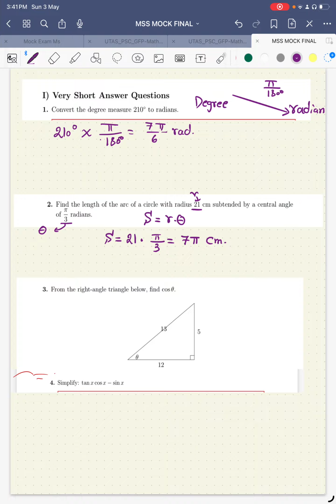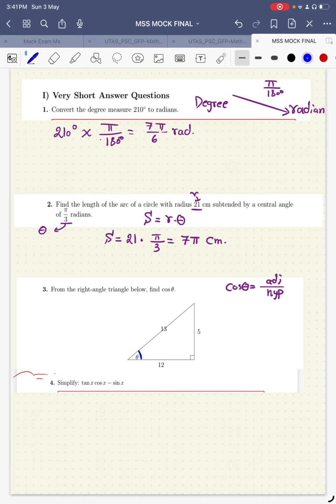From the right angle triangle below, find the cosine of theta. So let's remember, what is cosine? Cosine of theta is the adjacent over the hypotenuse. Now let's go ahead and name the sides here. Here's my angle.